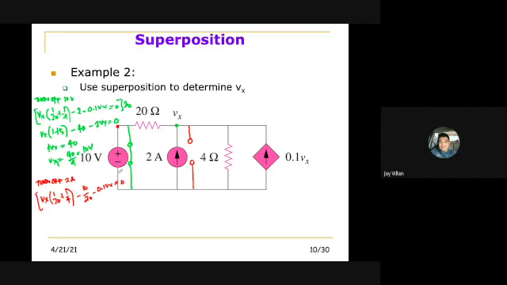So multiply by 20 again. So this is Vx times 1 plus 5 minus 10 minus 2 Vx is equal to 0. So 6Vx minus 2Vx is equals to 4Vx. Okay? 4Vx is equal to 10. So Vx is equals to 10 over 4. And this is equal to 5 halves volts.